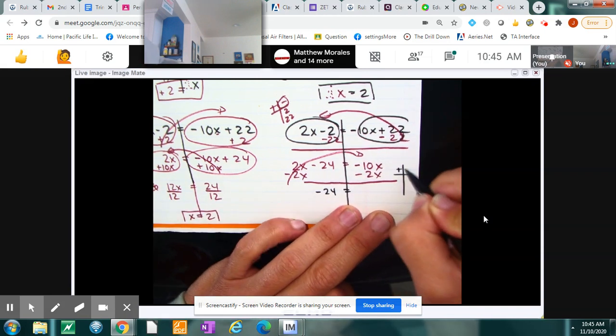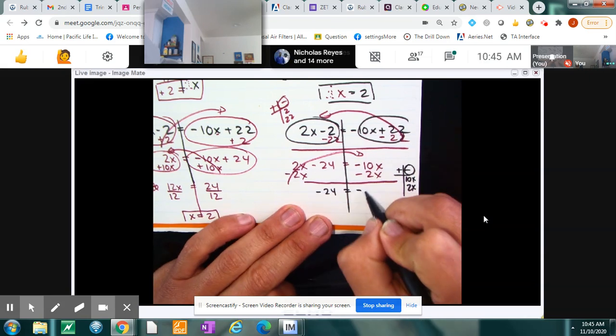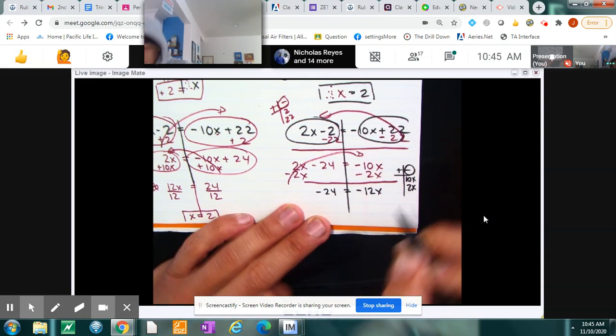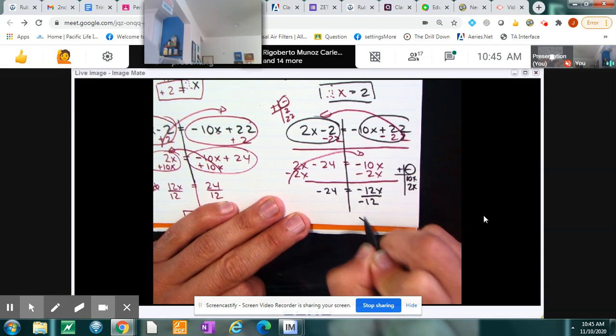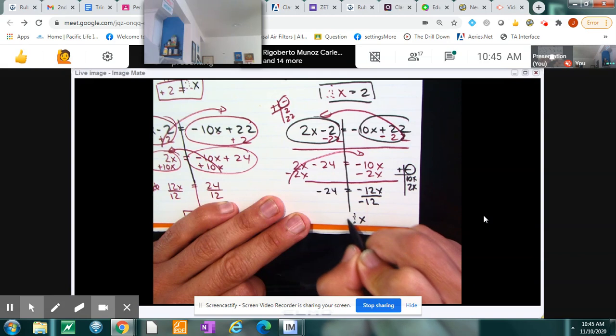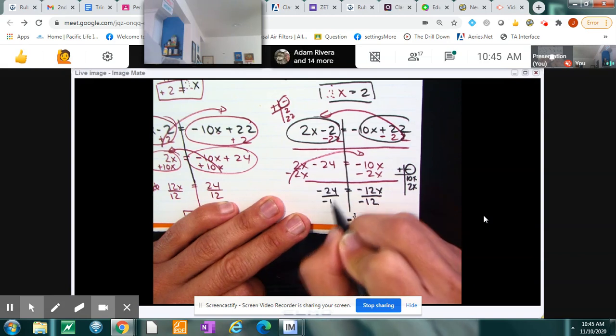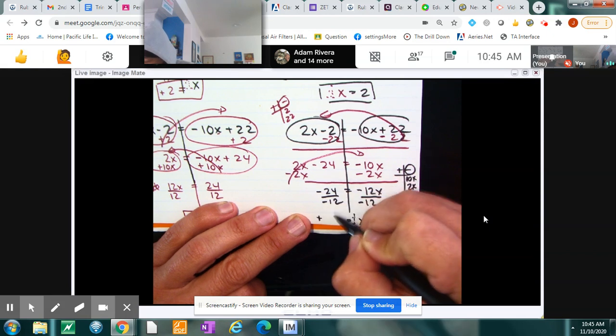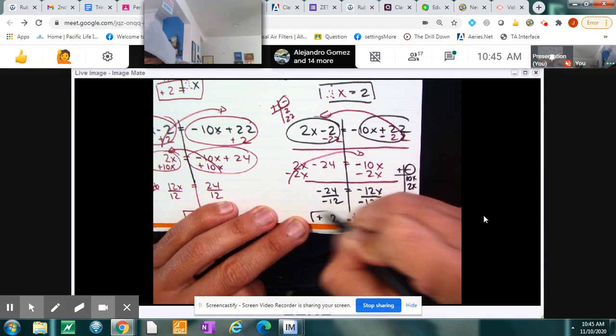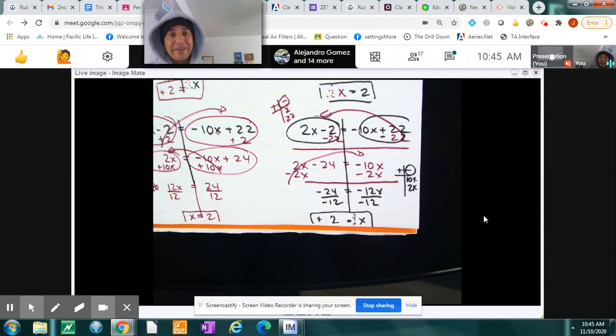Make sure you do the t-chart here, because they're both on the negative side, so it's going to be negative 12x divided by negative 12. Remember, you want your invisible 1. Both sides negative 12. Negative divided by negative is a positive. 24 divided by 12 is 2. Now you get 2 equals x.